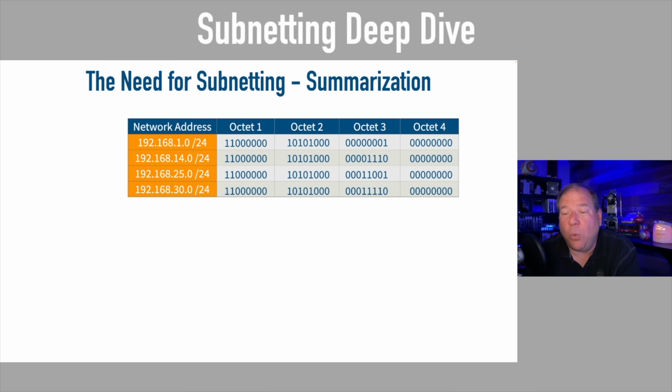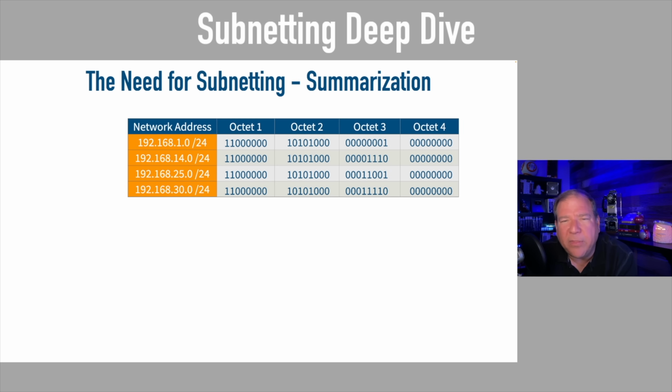They all start with 192, so their first 8 bits are all the same. The second octet, those are all 168, so they're all the same. But then I've got different numbers in octet 3. I've got 1 and 14 and 25 and 30.